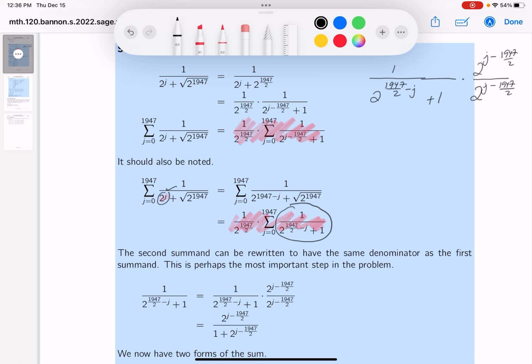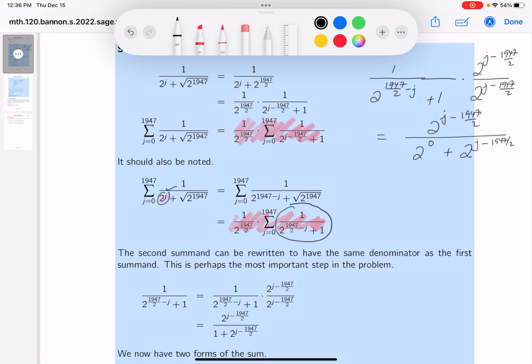And there's a reason for that. If you do the multiplication, on the bottom you'd get 2 to the 0 plus 2 to the j minus 1947 over 2. On top you get 2 to the j minus 1947 over 2. All right?